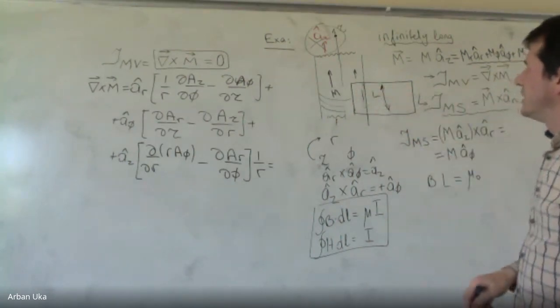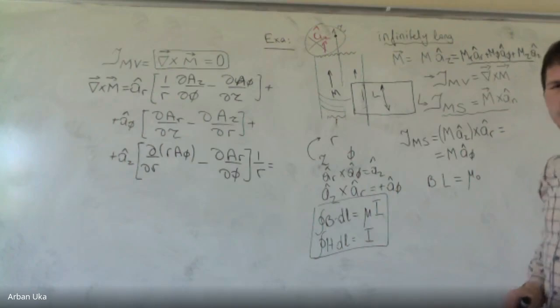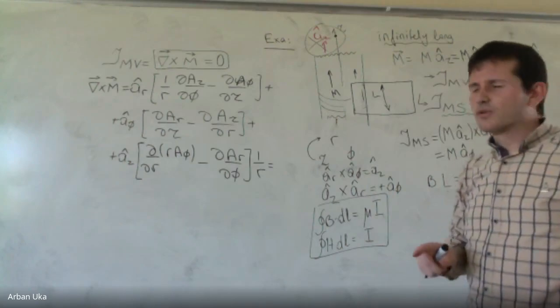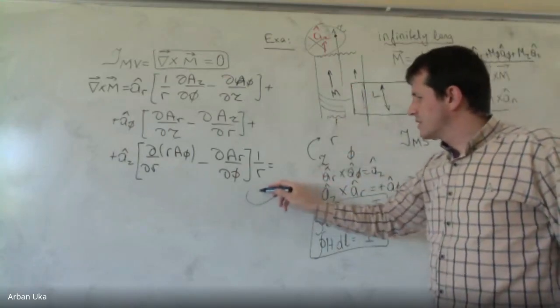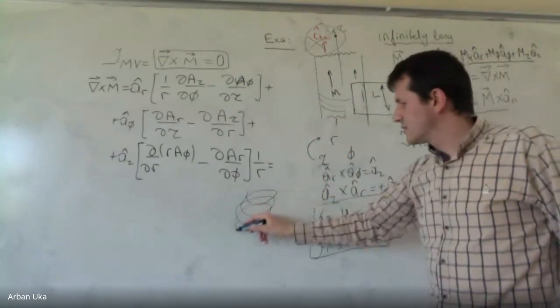Now here we have the question, what is the current that is passing through this complete loop? Now, through this complete loop, this is a problem which can be considered as equivalent to the solenoid. A solenoid is a construct which looks like this, okay?